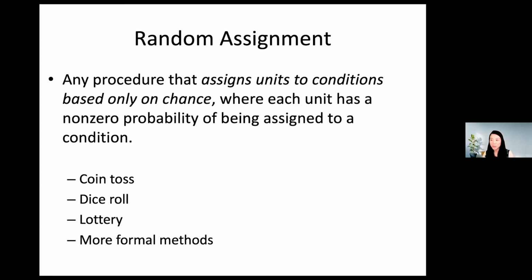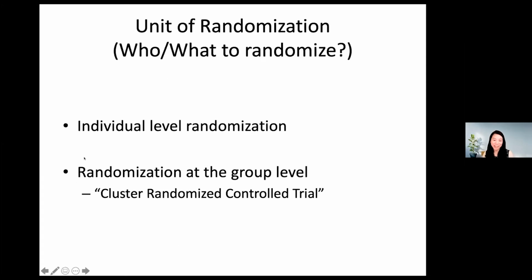But usually with a large sample, tossing coins or dice will not be a scientific way to convince the reviewers and the readers. So a more formal method is to use statistical software to do it.